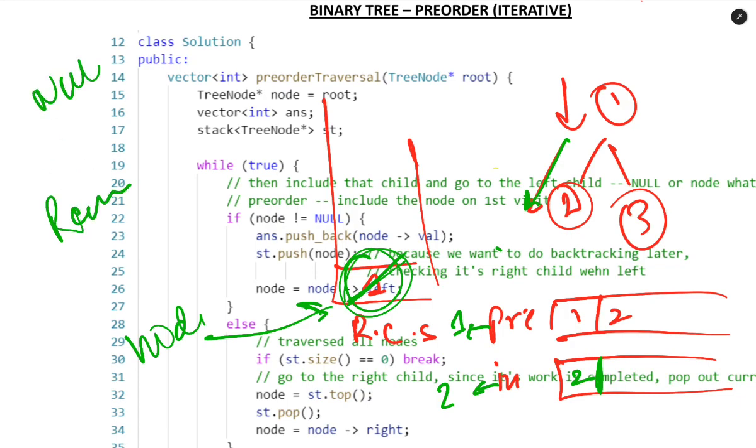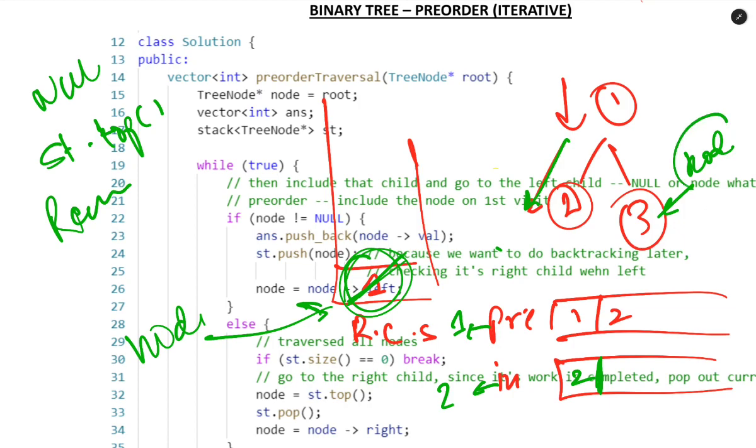So first I will take the stack's top element, then I will remove the stack's top element. I will go to its right element, which is 3. Now my node should point to 3.